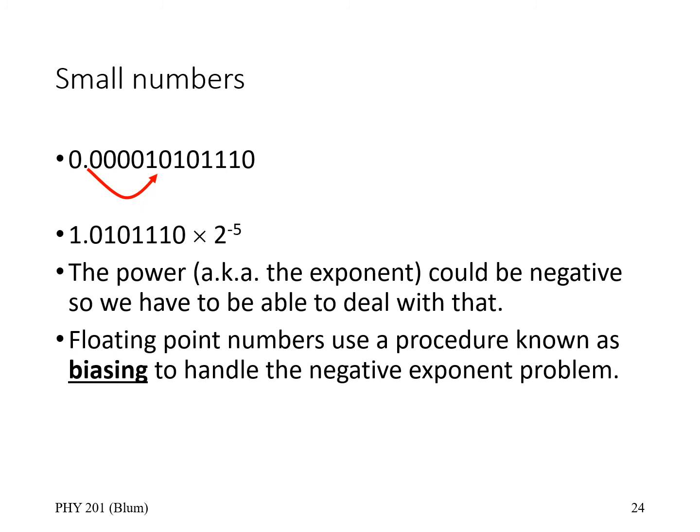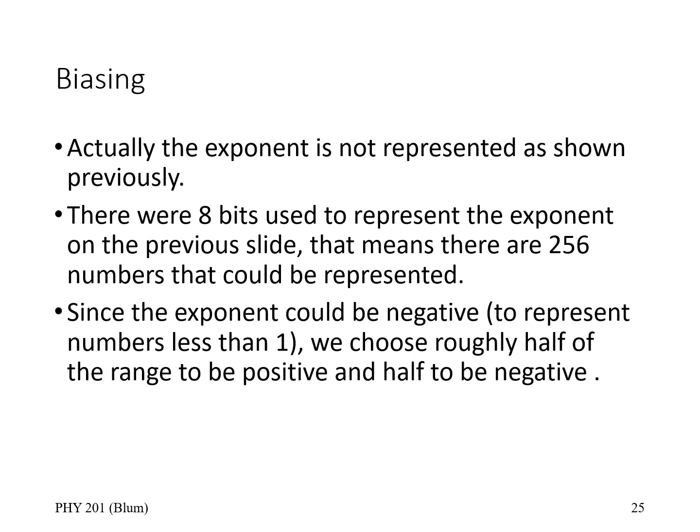So we have to have a way in the exponent of representing a negative number. And we're not going to do, say, 2's complement or something like that we know, but we're going to take a process called biasing. So we are going to use biasing to deal with the fact that the power of 2 might be positive or might be negative.